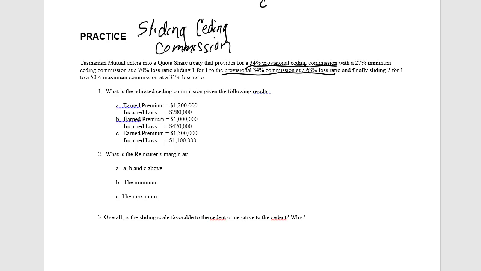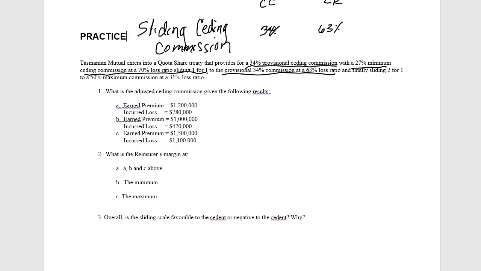So you'll want to do a chart with ceding commission and loss ratio, where the provisional, which will be in the middle, is 34%, and that is going to be at a 63% loss ratio. You're also given a 27% minimum ceding commission at a 70% loss ratio.